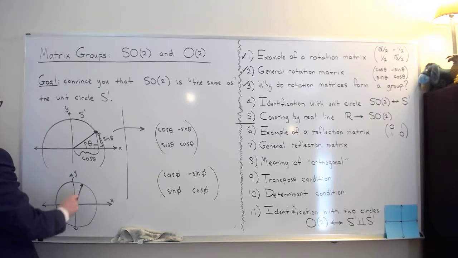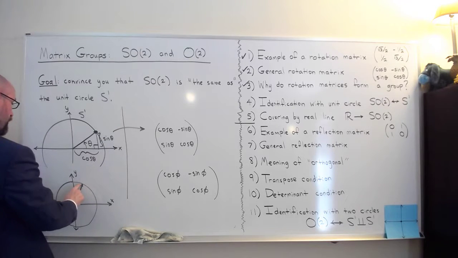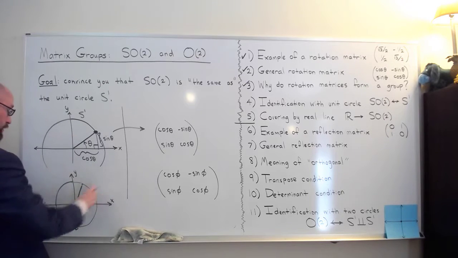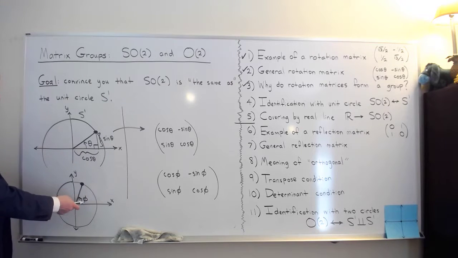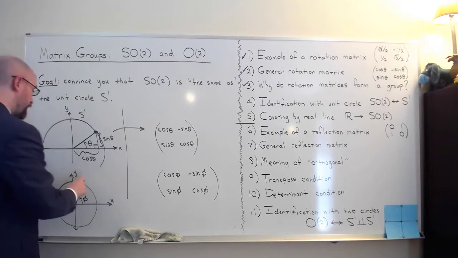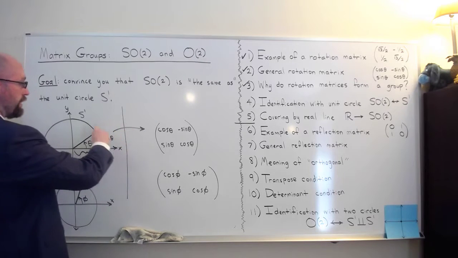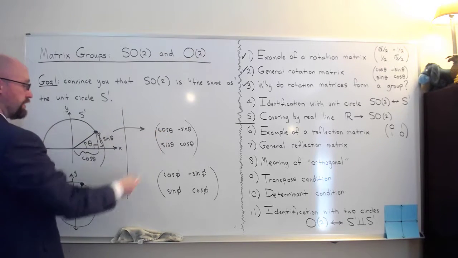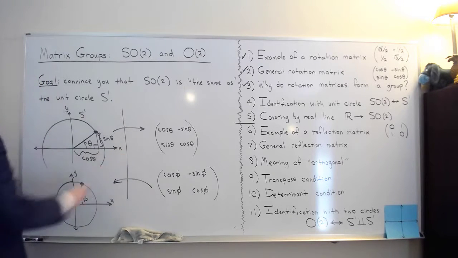I can rotate by this angle, whatever that angle is that I'm given, this angle phi, and that will choose out a point on the circle, namely the point that is the intersection of the line given by rotating the x-axis up to angle phi and the unit circle. So here I went from a point on the circle to a rotation matrix. Here I went from a rotation matrix to a point on the circle.